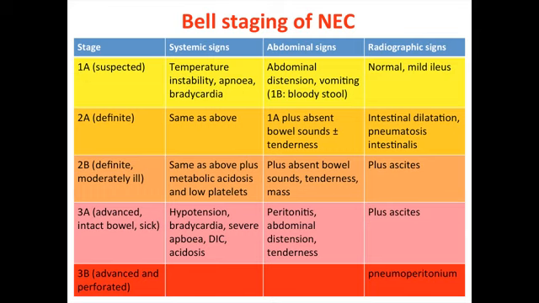Definite necrotizing enterocolitis, the baby will have temperature instability, absent bowel sounds, abdominal tenderness, and there'll be definite signs on X-ray. In advanced NEC, the baby may have hypotension, peritonitis, abdominal distension, and bowel perforation.